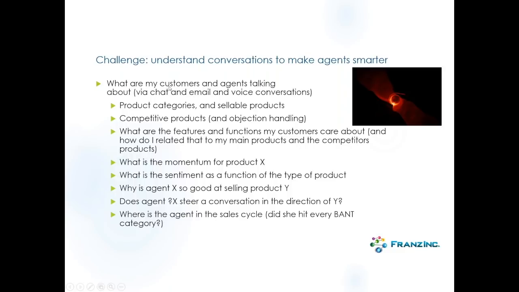Yeah. We now can figure out what my customers and agents are talking about, what the product categories and sellable products are, what competitive products they talk about, and then how can we help them with objection handling, what features and functions a customer talks about, and how you can relate that back to the products in the product catalog.